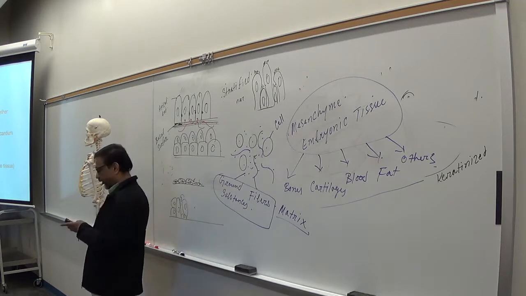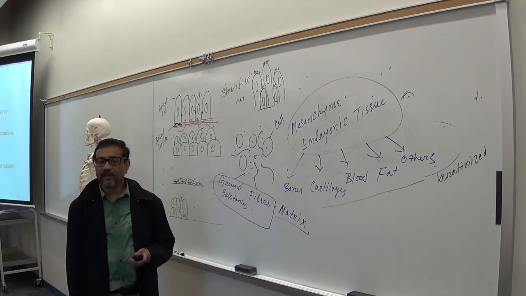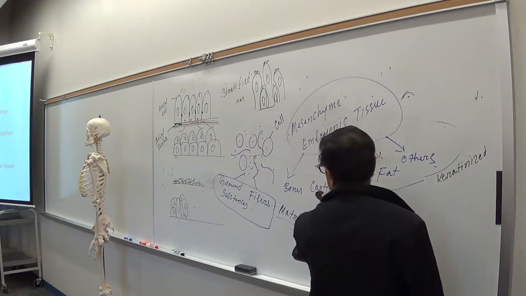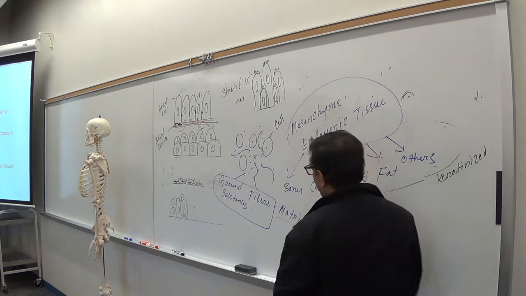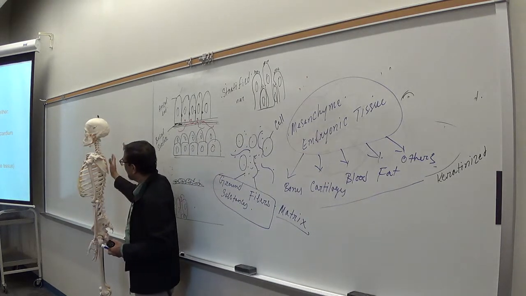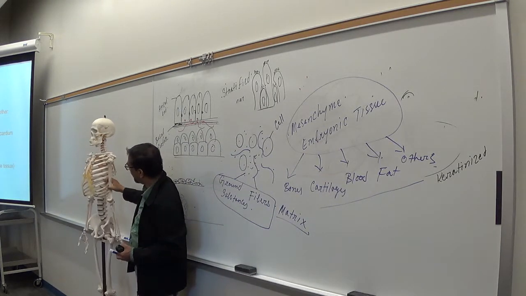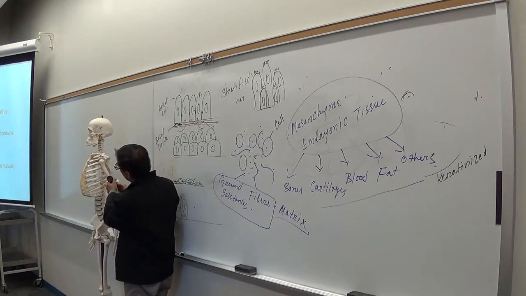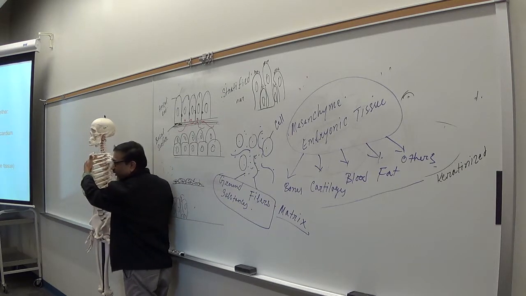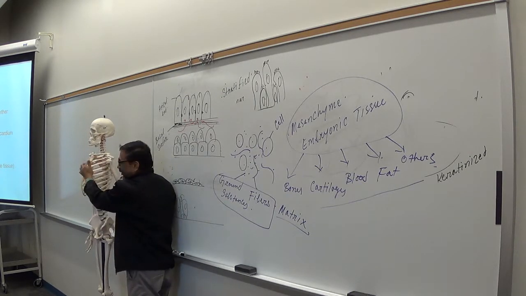Functions. Since bones and cartilages belong to connective tissue, you see here cartilages doing what? Connecting this bone to that bone. These cartilages are connecting these ribs to the sternum.